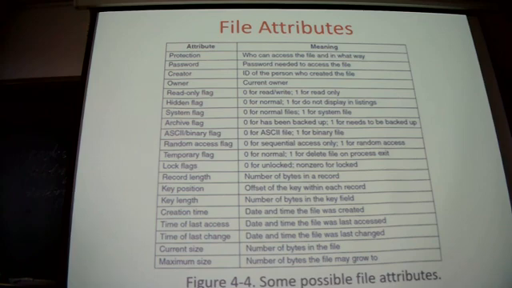For example, a Microsoft Word file can also have a password. The creator attribute indicates the ID of the person who created the file. Owner is the current owner of the file.